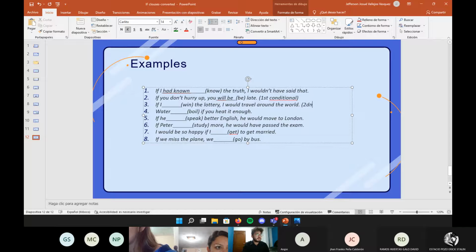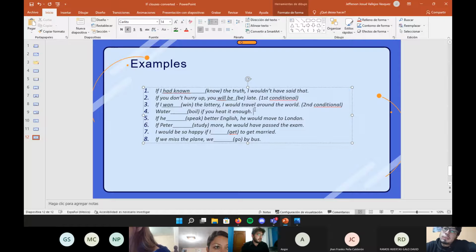Do you remember the structure about the second conditional? Okay, in this case, we put it one, okay? In this part, this is a part which is probated, right?